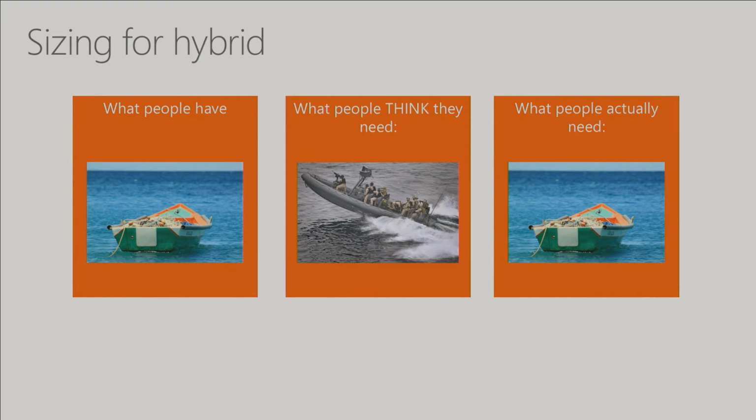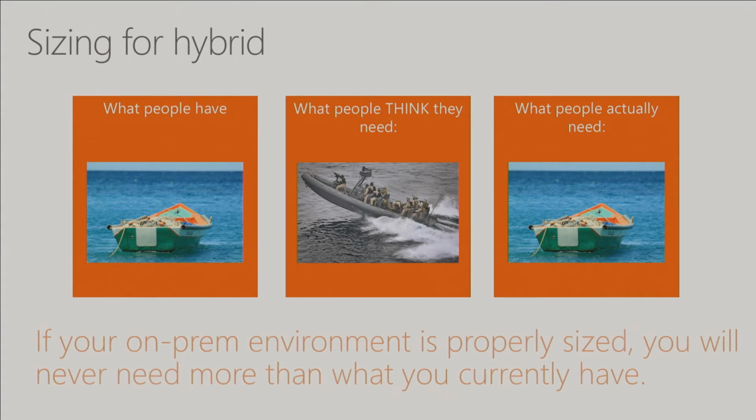Well, technically you are, because if you're moving a mailbox, then sure, your servers are doing a little bit of extra work. But if you move a mailbox on premises, they do too. So you're not literally adding a lot of workload to those servers. Even more, if you move mailboxes to Office 365, you're alleviating the load on premises, which means you're doing less there. So you're not going to need more than what's already there. So just keep in mind that if your on-prem environment is properly sized, you're good to go.